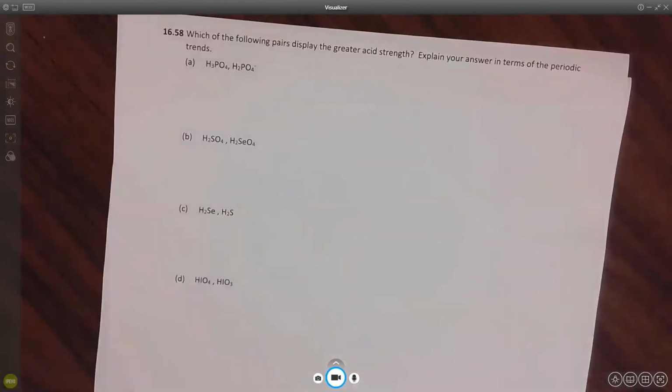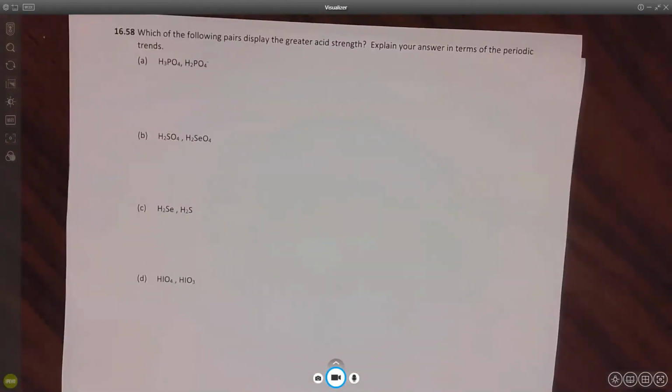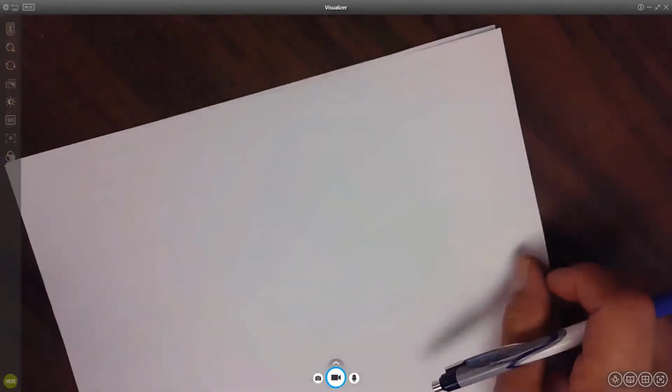Okay, I'm missing, for some reason, a whole problem. Okay, so this, you'll just have to look at your homework. I'll read through it and write down the relevant information, but this is actually 1654.